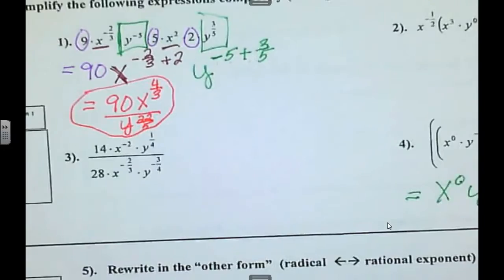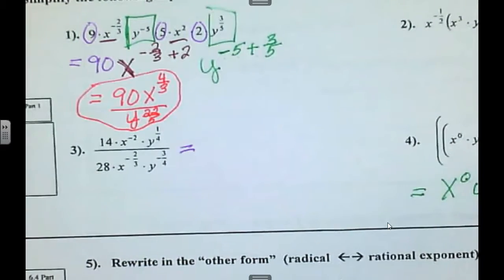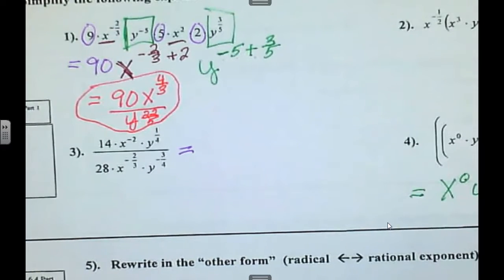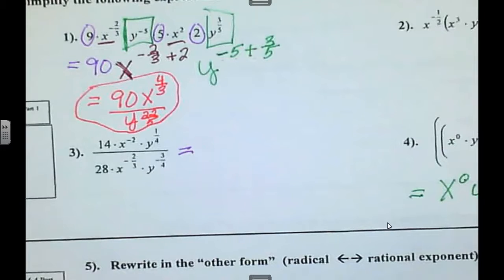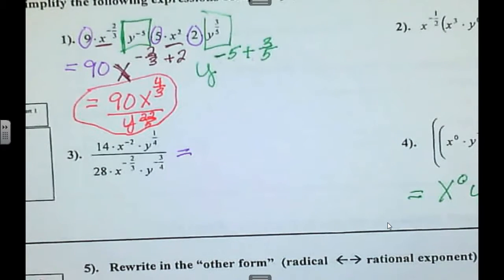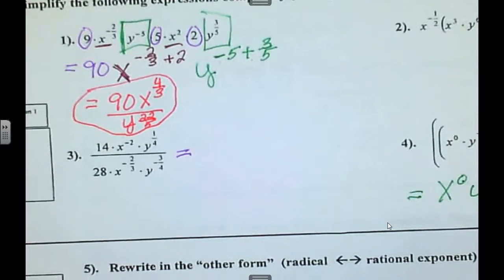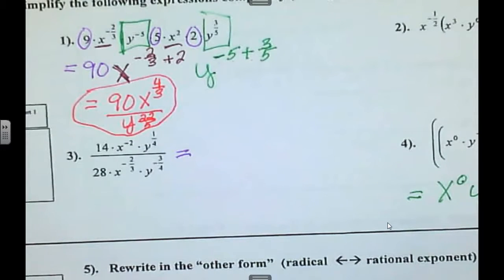Okay, number 3. Now, 14 does not divide evenly by 28. However, don't multiply 14 and 28. Don't subtract 14 from 28. Don't add the two together. Reduce it. What's 14/28 reduced?